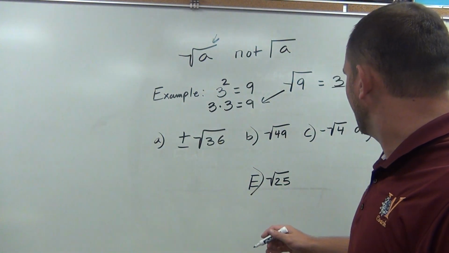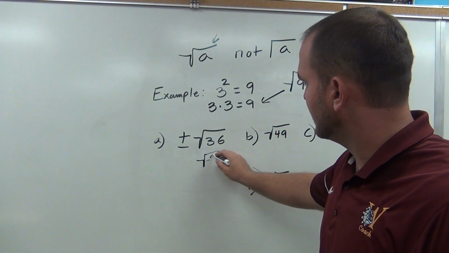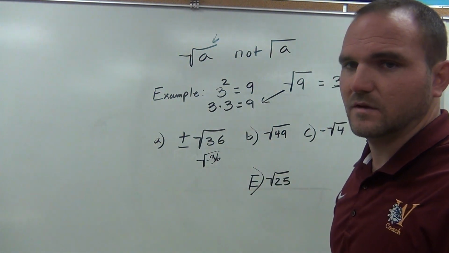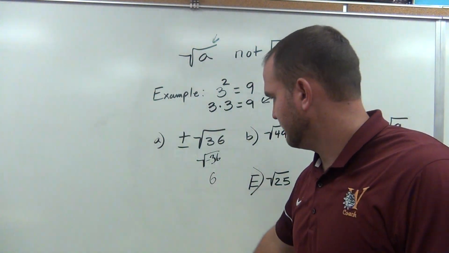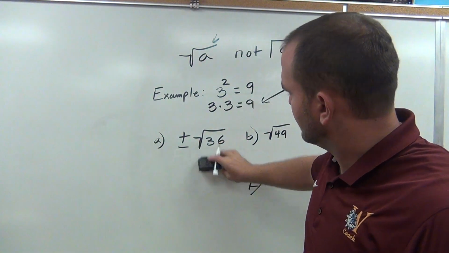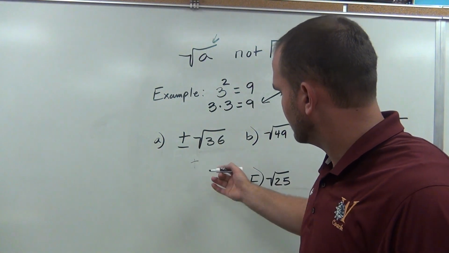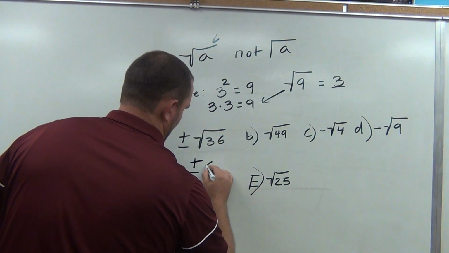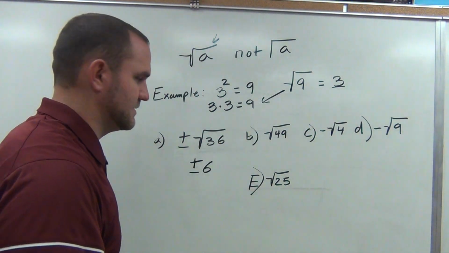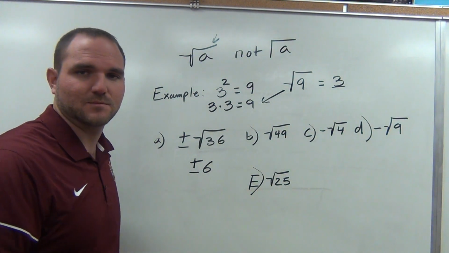So using a counter example to this, it would be square root of negative 36. My answer down here would just be 6. So that's our answer to the first one. So I need to drop this down here, right on the other side. Plus minus 6. That could be a plus, it could be a minus. That's just how the symbol looks.